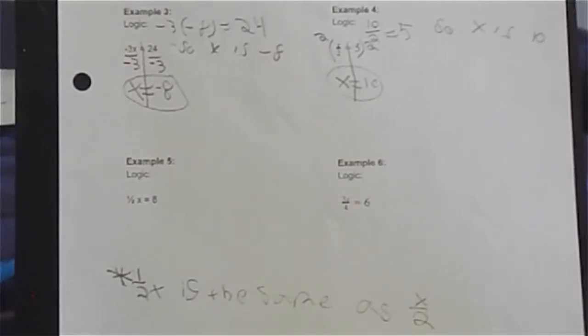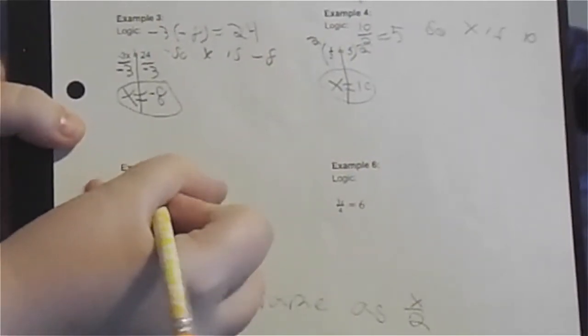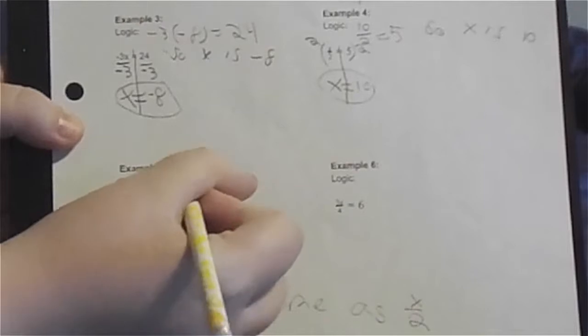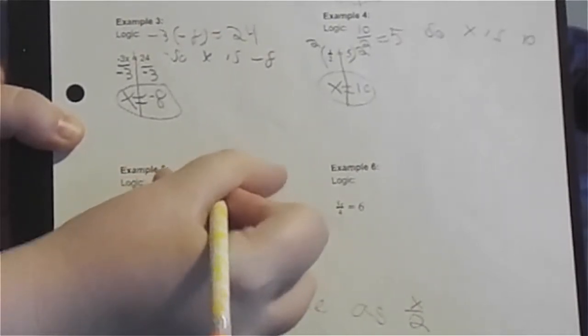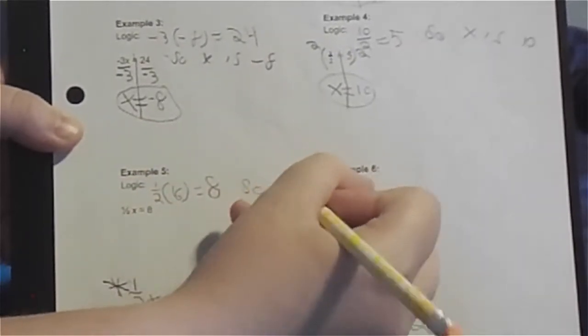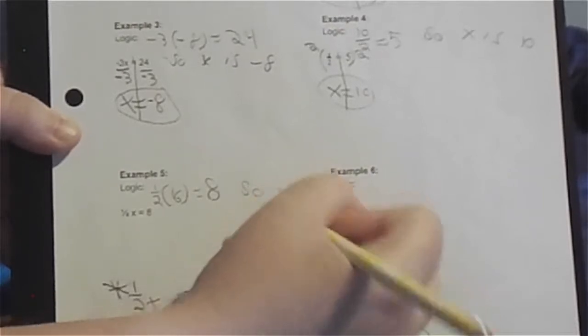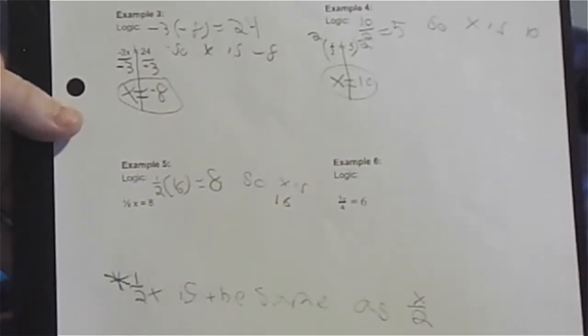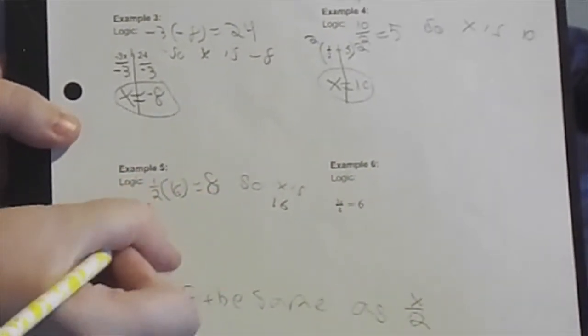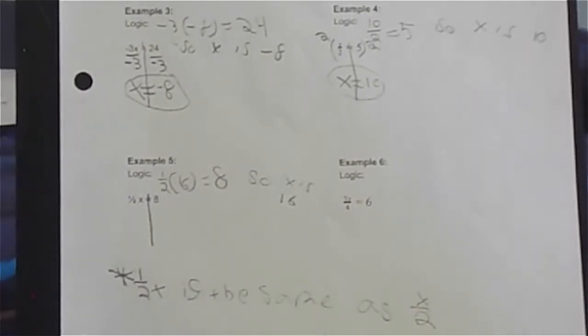Alright, for our next example, it says half of something is 8. Well, we know that half of 16 is 8. So x is 16. But if you don't know that logically, you can draw your line at the equal sign to separate the two halves. This says 1/2.